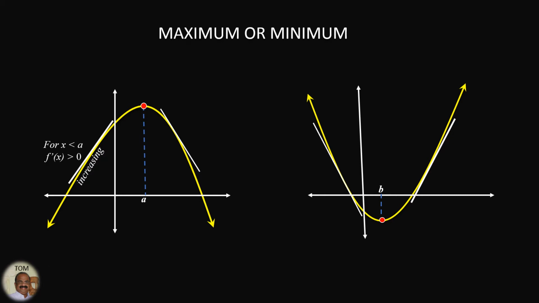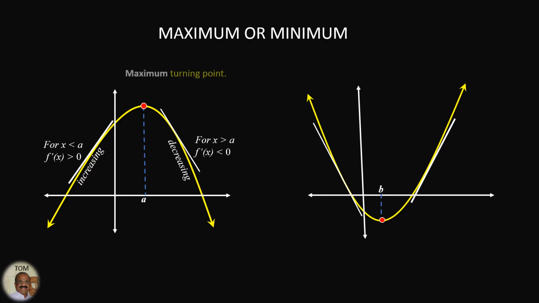We can see f dash x is greater than 0, for all the x values left of A, less than A. So from the left up to x equal to A, it is increasing. What about the right side? After A, x greater than A, f dash x is less than 0, negative gradient. That is decreasing. So first it is increasing and then it is decreasing.